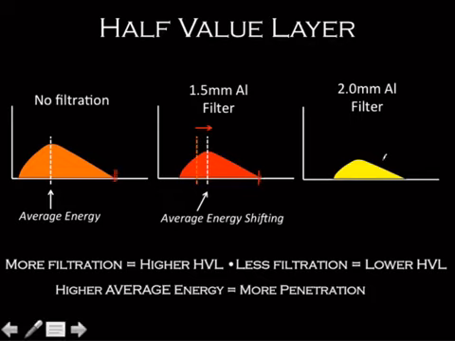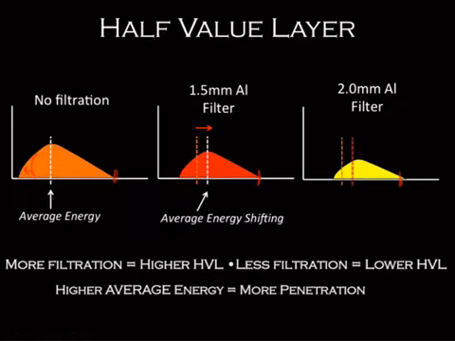But sort of the back end is getting chopped off. These wimpy X-rays from here, they're hitting the road. So with 1.5 millimeters of aluminum, we're shifting the average energy, and so the red would be more penetrating than the orange, and then the yellow would be more penetrating than the red. So it's sort of continuing to shift.